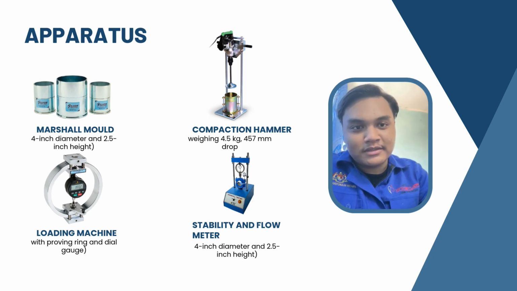Next is apparatus. First one is Marshall mold, 4-inch diameter and 2.5-inch height. Next is compaction hammer, weight 4.5 kg, 457 mm drop. And next is loading machine with proving ring and dial gauge. And last one is stability and flow meter.